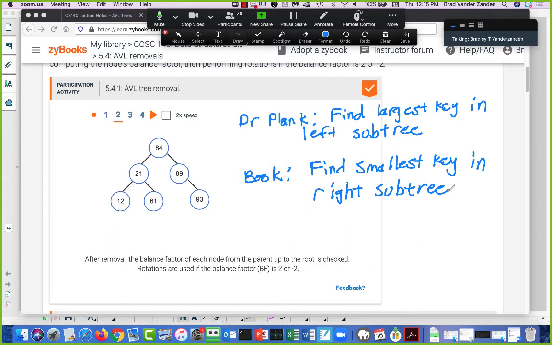So in this case, 84 has 2 children. Because it has 2 children, it's going to find the smallest key in the right subtree and remove it, and that's 89. And since 89 has one child, 93 will replace it, and 89 will come up to 84.